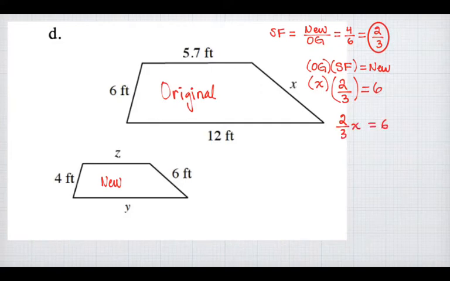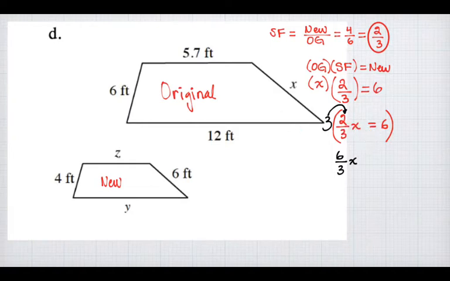But I want to get rid of this fraction. So what should I do to the entire equation? Multiply by what? By 3. I'm going to multiply this by 3, and what happens when I multiply 3 times 2/3? What do I get? 6 over 3, x. Because 3 times 2 is 6, and then there's a 1 underneath that 3, so 1 times 3 is still 3.